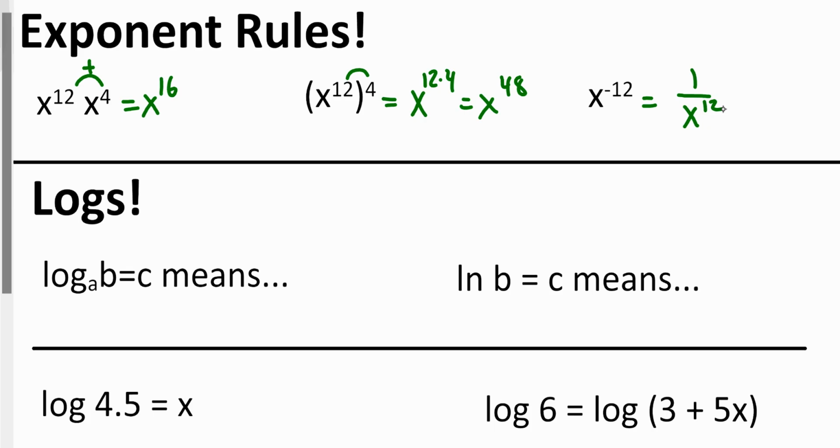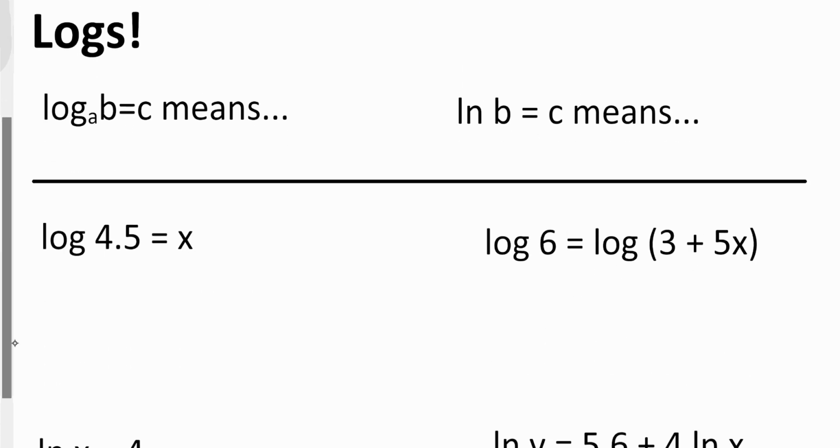Now, there are some relationships between exponents and logarithms because they're kind of inverses of each other. So let's review some things about logarithms. Log base A, remember this is just a base. Can be different bases, but generally if it just says log, it's base 10, of B equals C. This is natural log, and that always means that it's base E. What the heck is E?